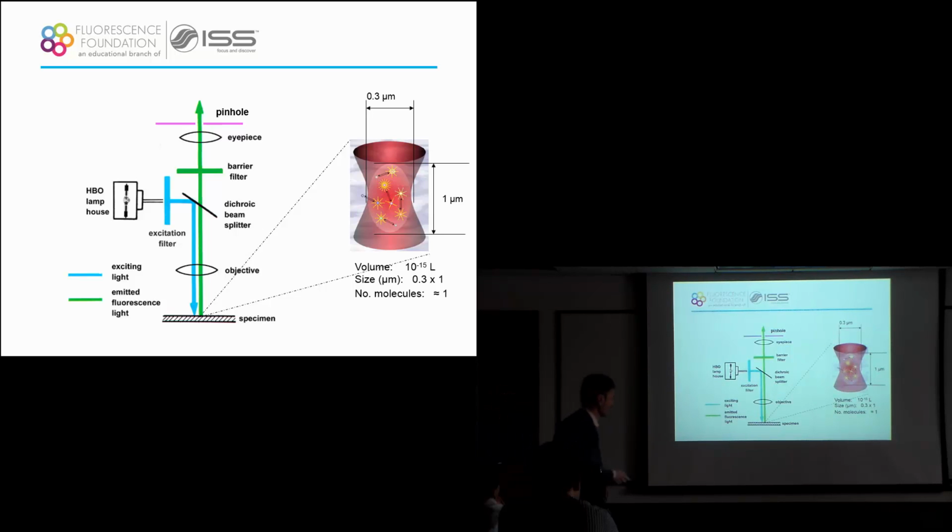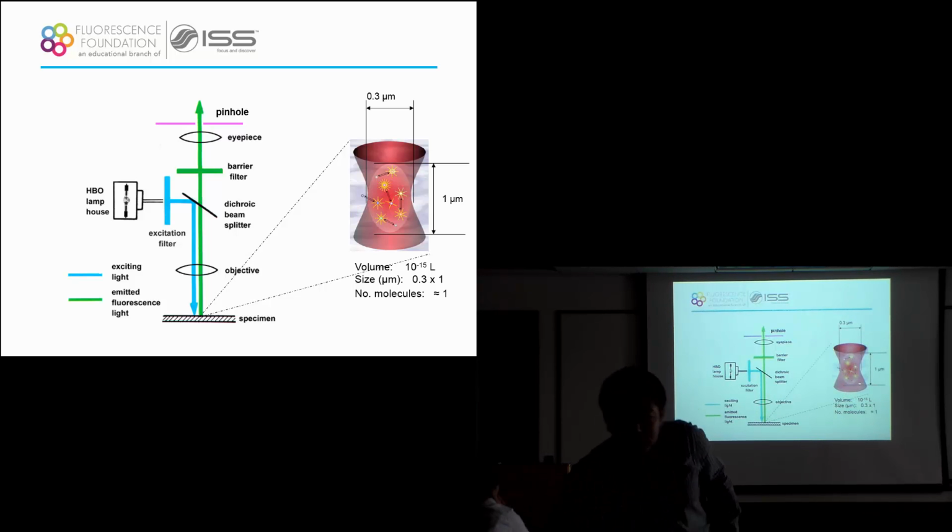This is interesting. Yesterday I mentioned the fact that it is possible nowadays to look at single molecule fluorescence, something that 20 years ago, 30 years ago was almost unthinkable. Well, this is due to the combination of using the laser and this type of technique.